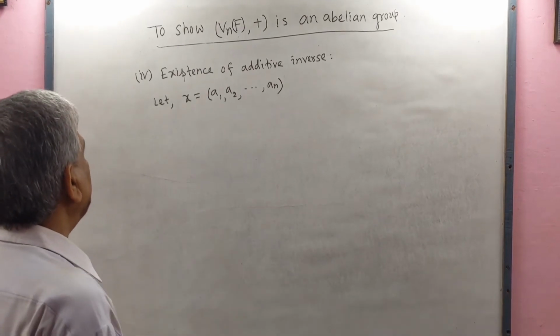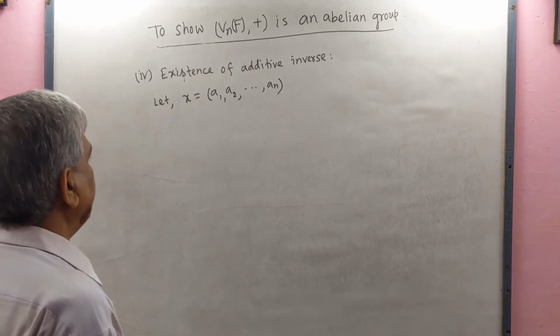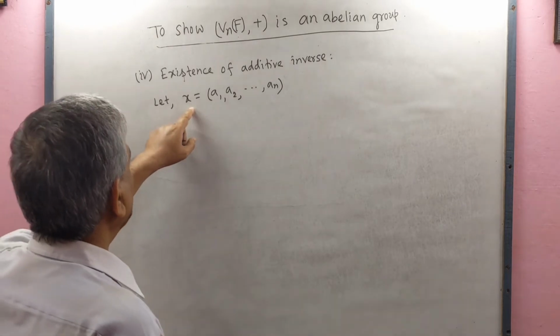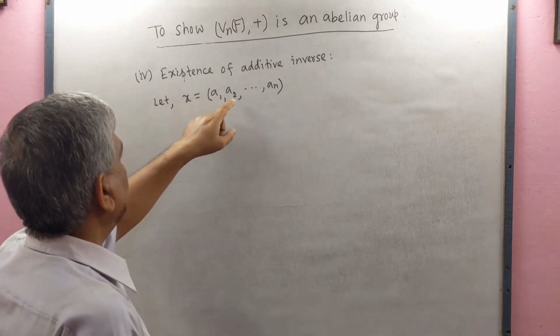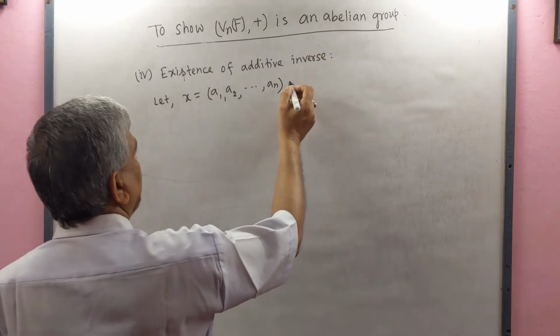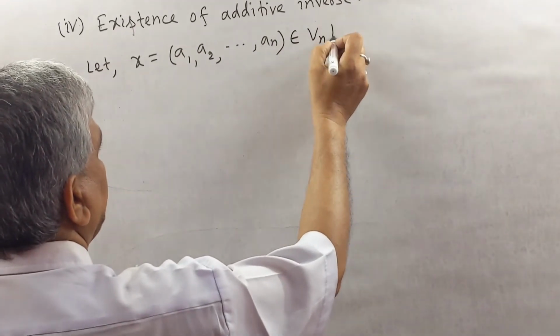Now we show the existence of additive inverse. Let x equal to (a1, a2, ..., an) belongs to VnF.